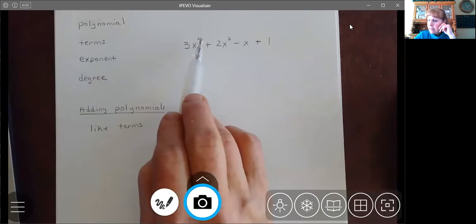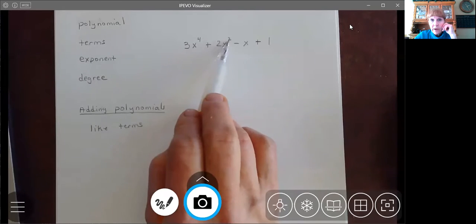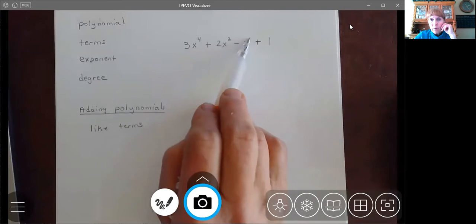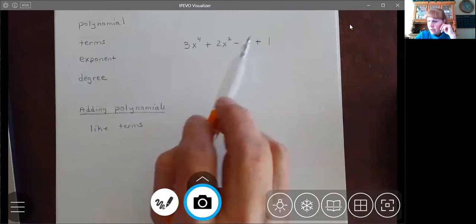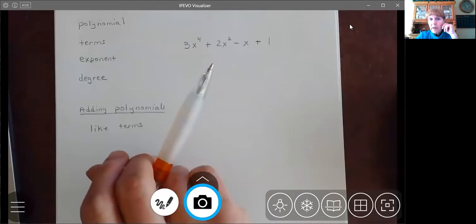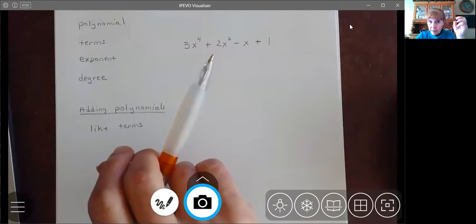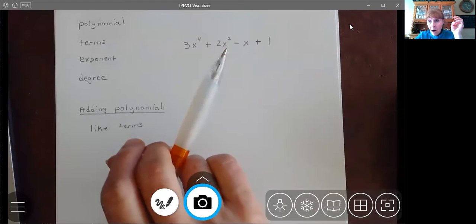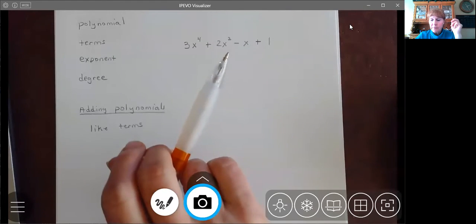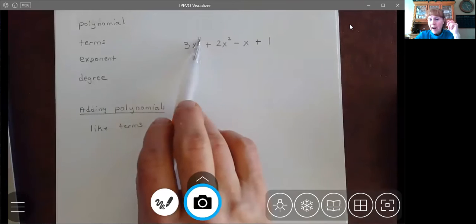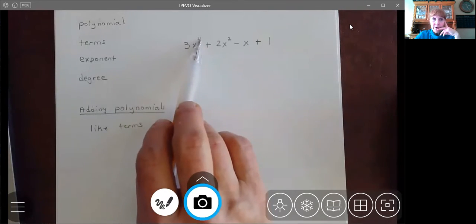The exponent is a 4 here, the exponent is a 2 here, and the exponent is a 1 here. Okay, if it's not there, it's a 1. In order to be a polynomial, these need to be positive integers. All right, so we cannot have a fraction here, and we cannot have a negative here.